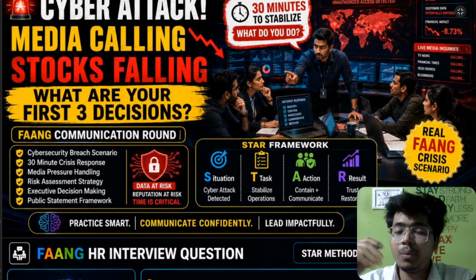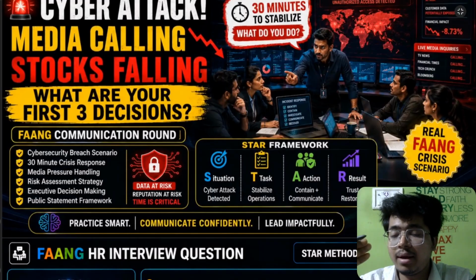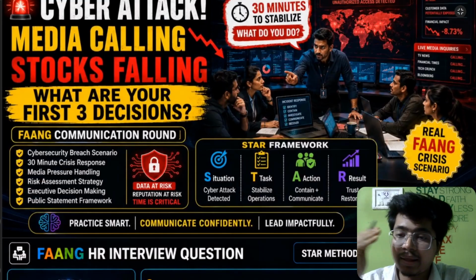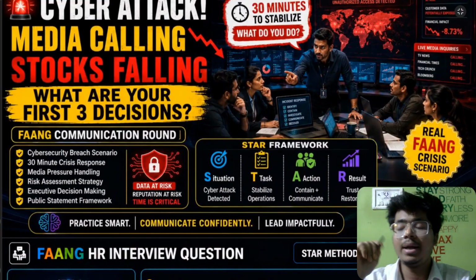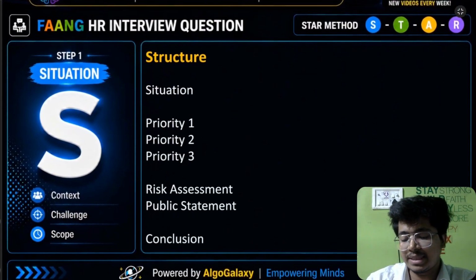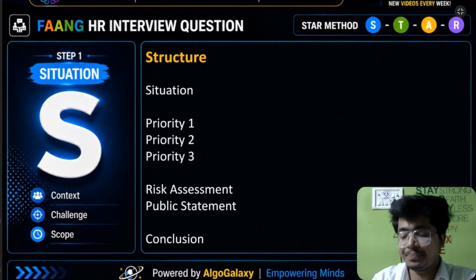So first we cover the situation, then we move to the task, what we should have done, then the actions we took, and the result, what the outcome was. Let's look step by step, structure by structure. Situation: priority 1, priority 2, priority 3.